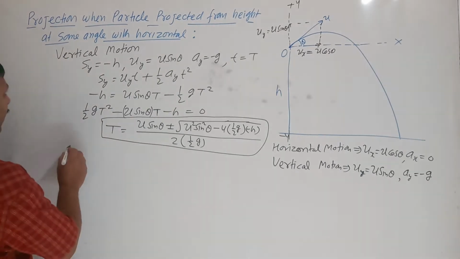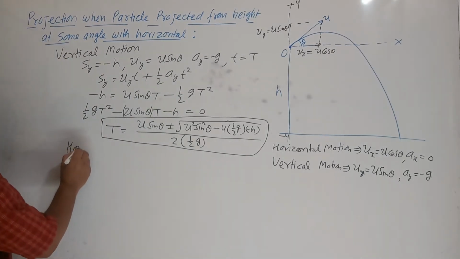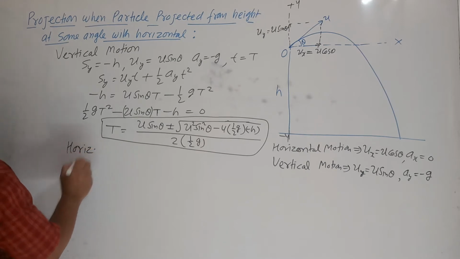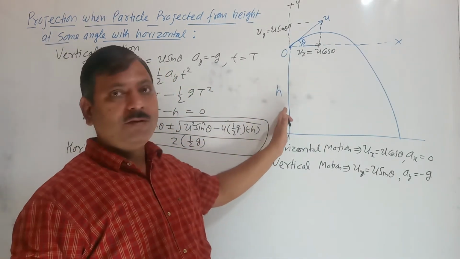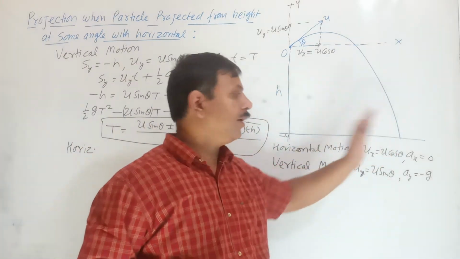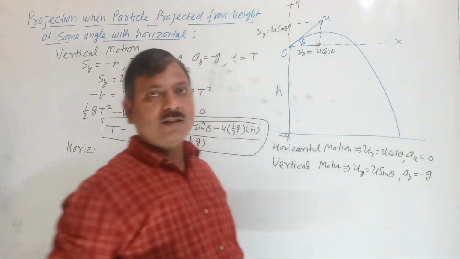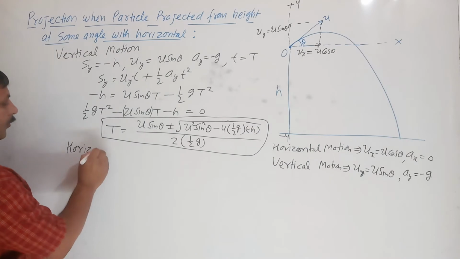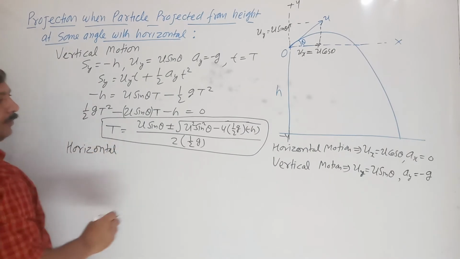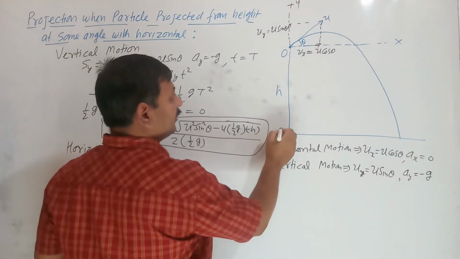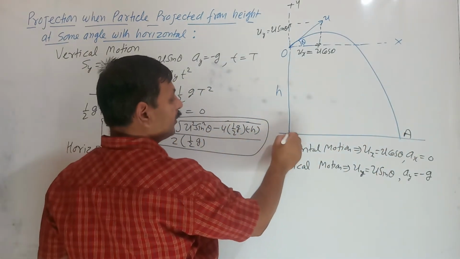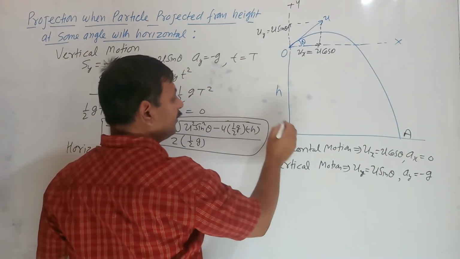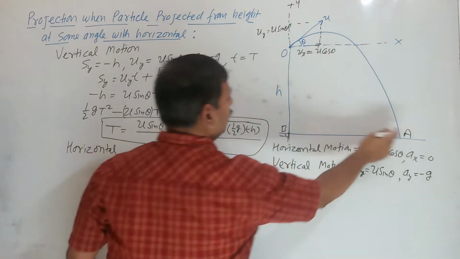So by this method we can find capital T, the time of flight. If I want to find the range, how do we find it? It is the horizontal distance from the vertical wall where it will fall. Suppose A is where it lands and B is the ground where this pillar is; you want to find BA.